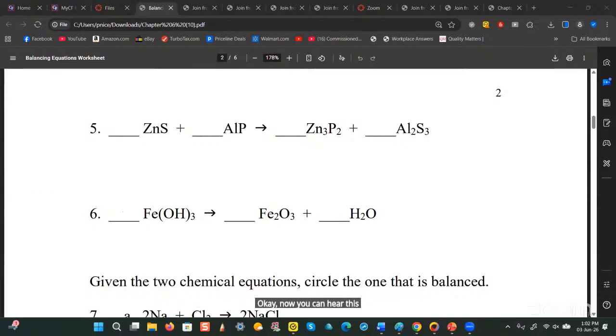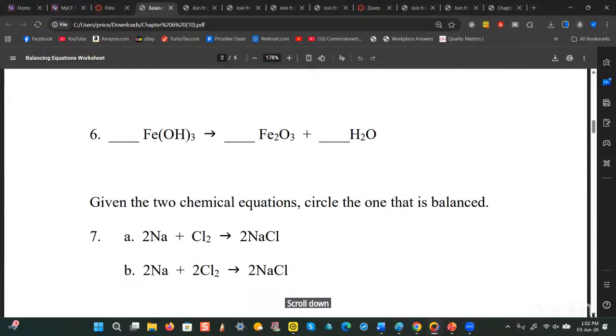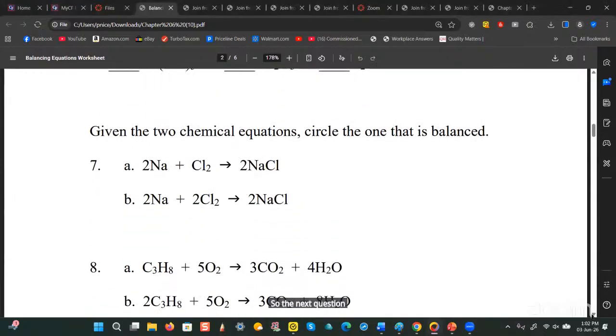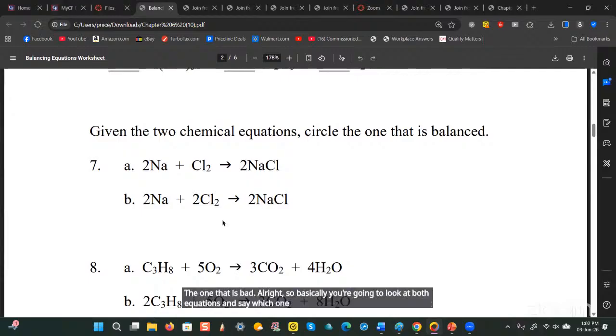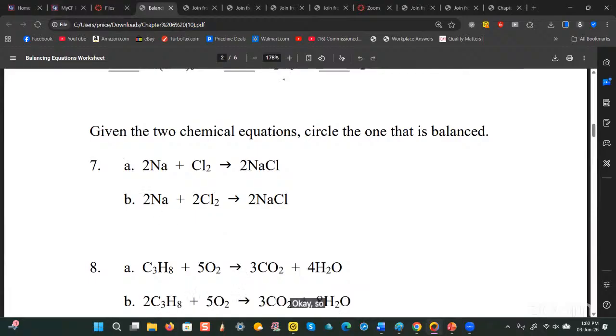Scroll down. The next question says, given the 2 chemical equations, circle the one that is balanced. So basically you're going to look at both equations and say which one is balanced. For number 7, which one of the 2 is balanced? A or B? A. So the answer will be A, all right?